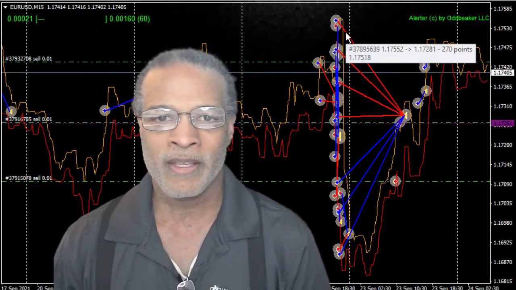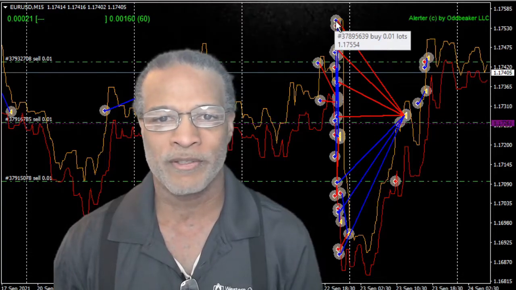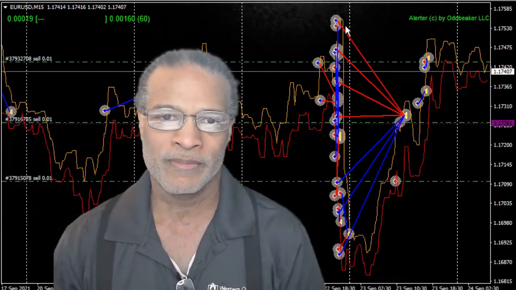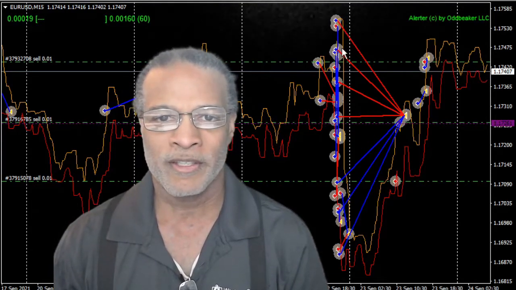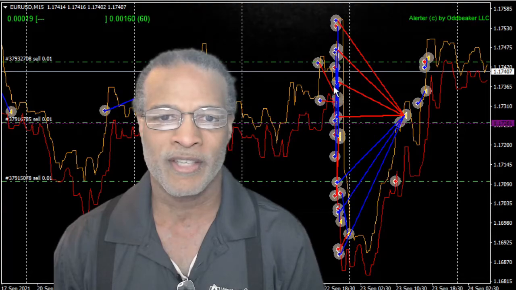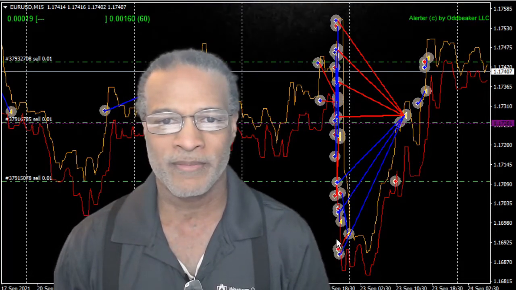So at this time, at this price, I placed a buy trade. So I had a buy, I had a position open. And each one of these arrows represents a time and a price that a trade was open. All the way down through here.